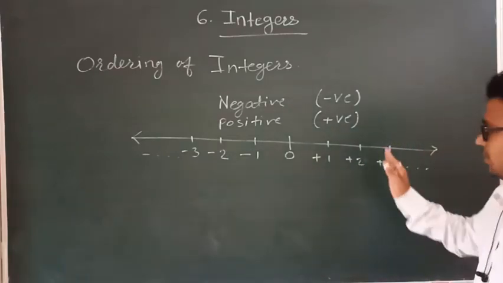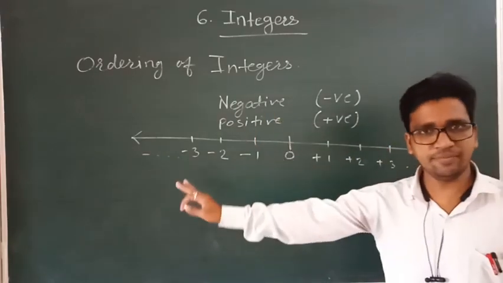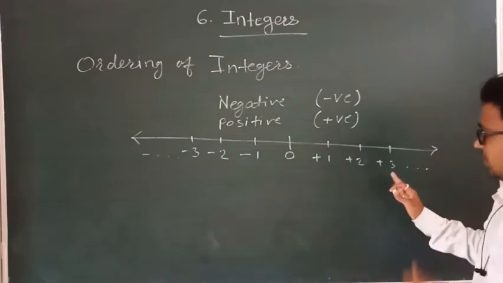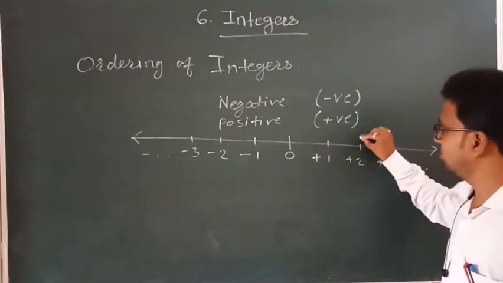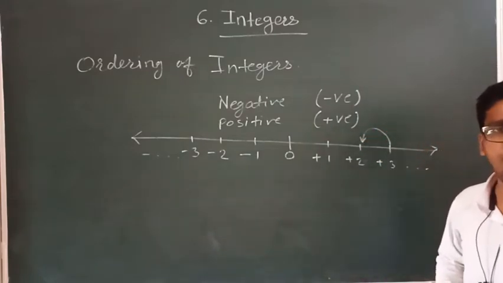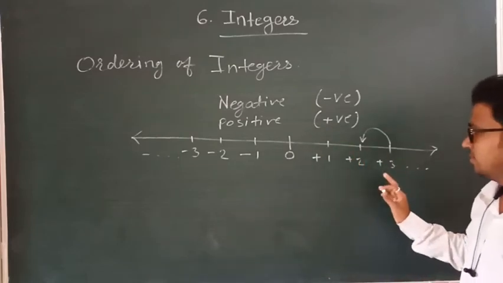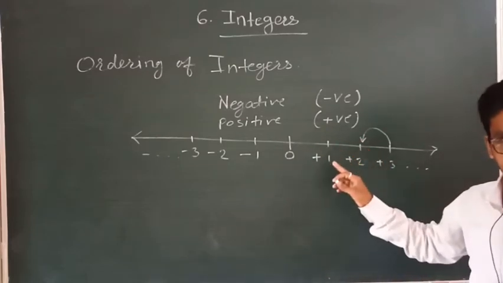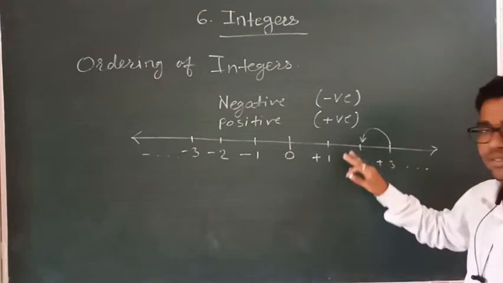For positive numbers, suppose 3 is here and we go to the left by one place, then the value of that number is decreased.